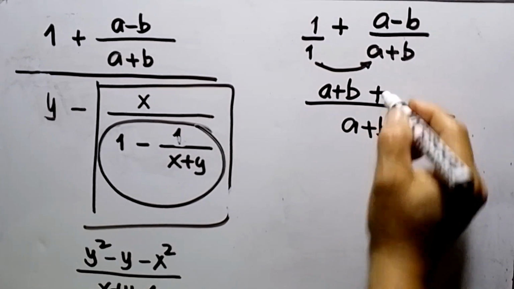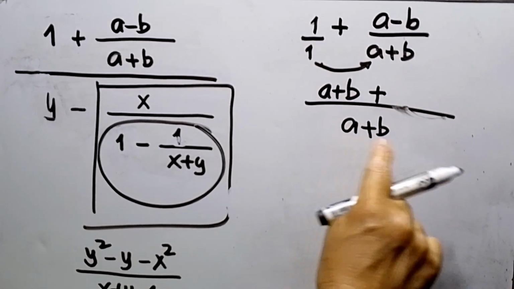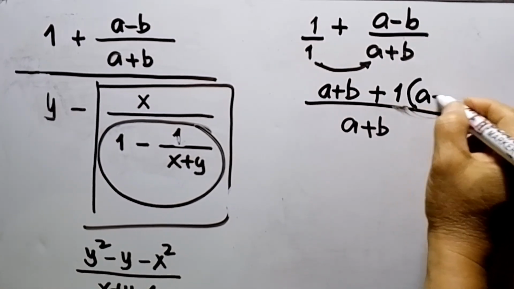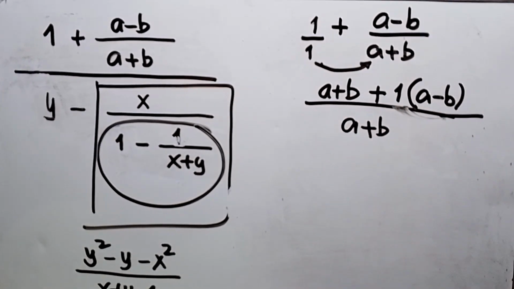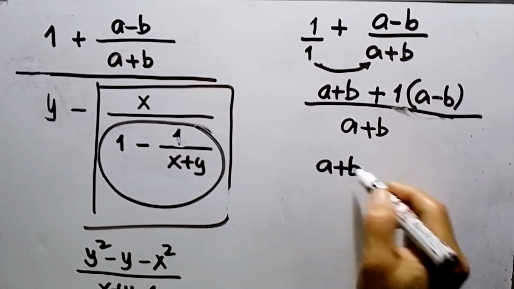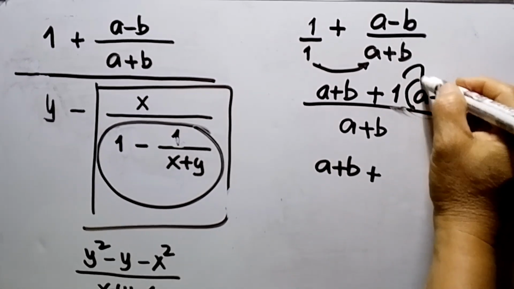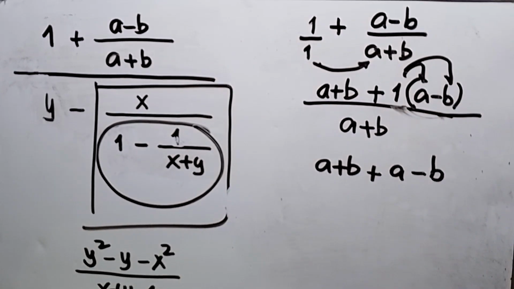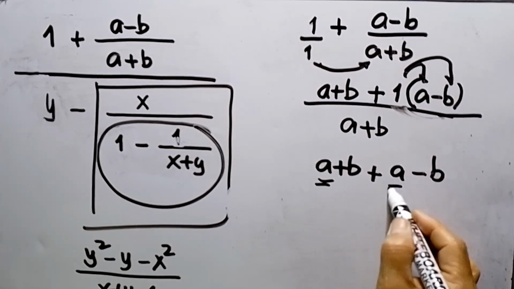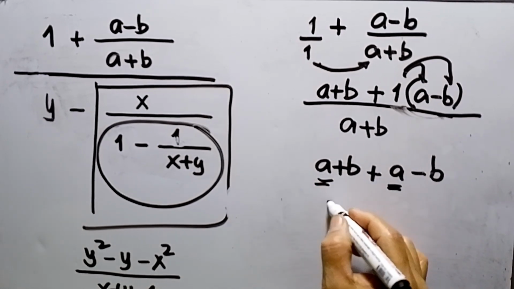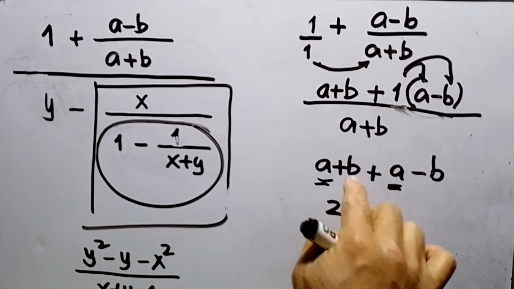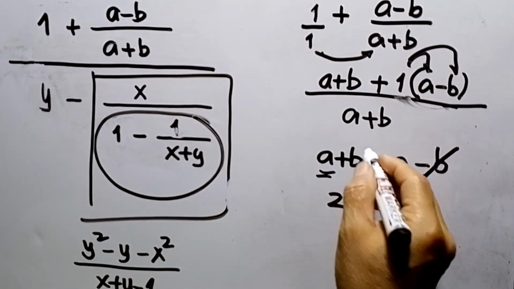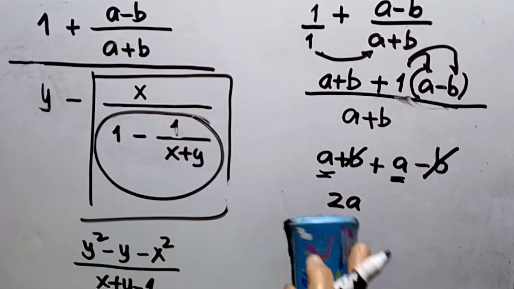And then plus a plus b divided by a plus b, that will be 1, and then times the numerator, a minus b. So I have a plus b, then I need to distribute this one. So this will be a, and then minus b. Combine this one because the same sign, positive. So this will be 2a. And how about b? The same but different sign, so this will be crossed out. So I have 2a for my numerator.